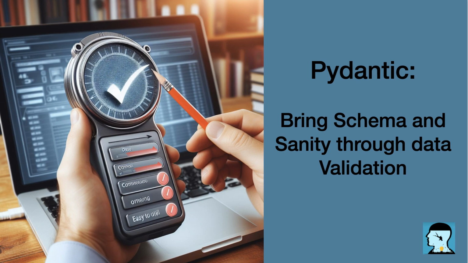These functions can perform custom checks on the data and raise validation errors if the data doesn't meet the desired criteria. These validation rules help ensure that the data provided to a Pydantic model is valid and meets the expected criteria. If any validation rule fails, Pydantic raises a validation error, indicating which field failed the validation.